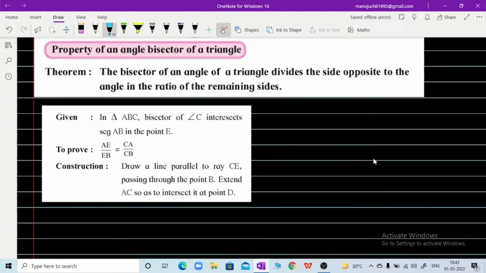So let's draw the figure. This is my triangle.